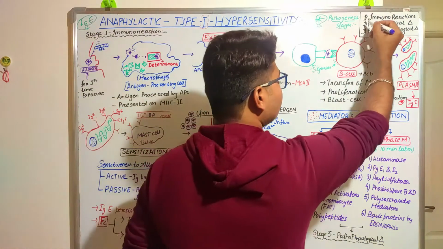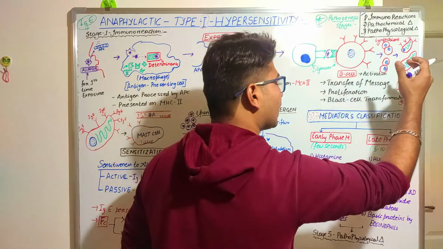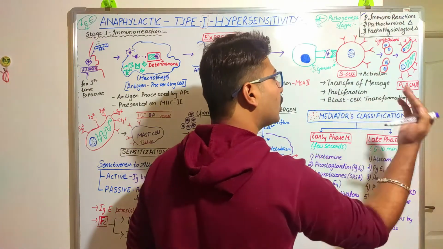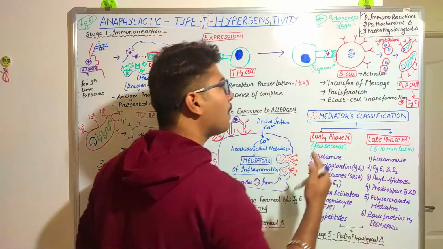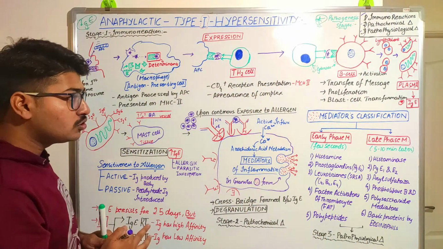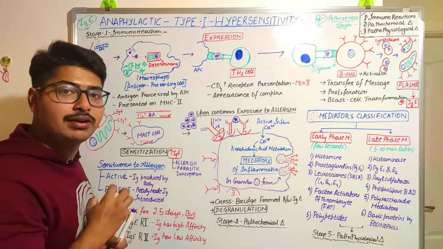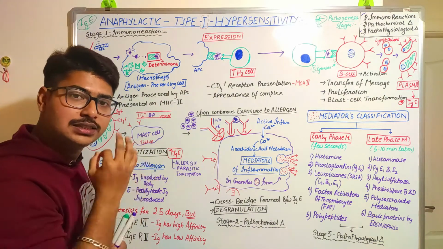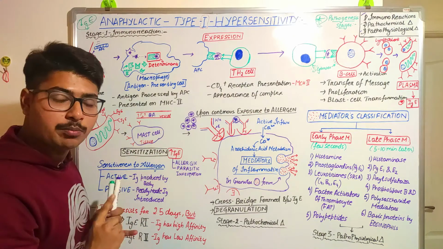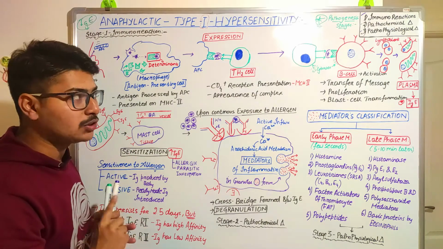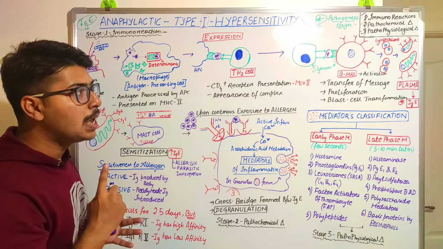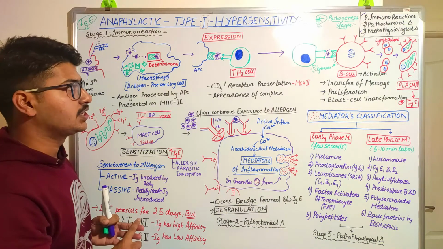First is the immunoreaction, second is pathochemical changes, and third is pathophysiological changes. So this whole hypersensitivity reaction will occur in these 3 stages.